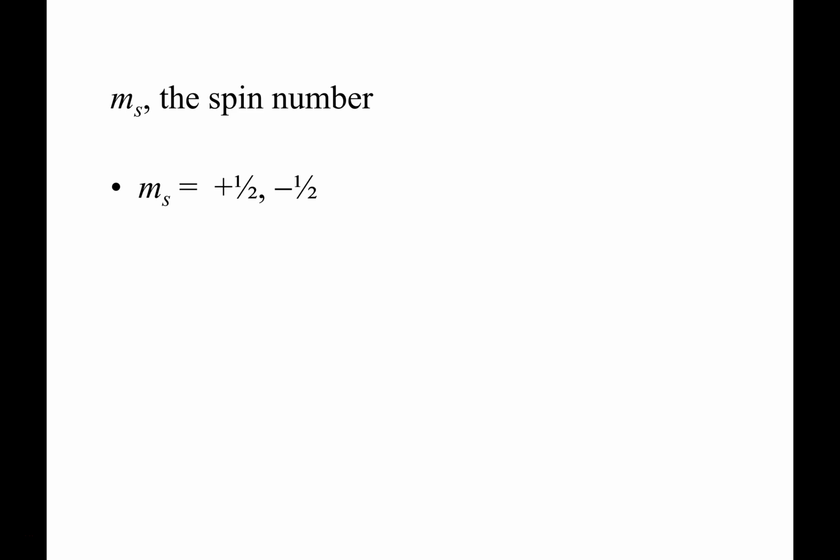Its l value is 0 because it's s. Its m sub l value is also 0. And the fact that it's an up spin, usually we go up as plus 1/2. So when we talk about a zip code or a set of quantum numbers, that's exactly what we're talking about.